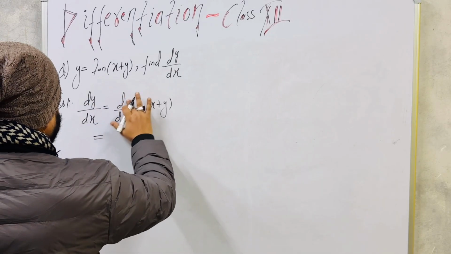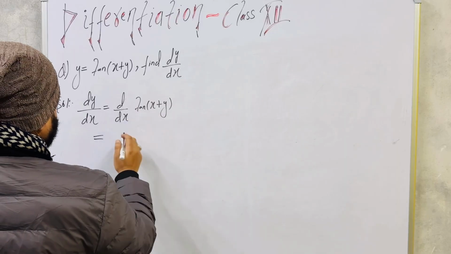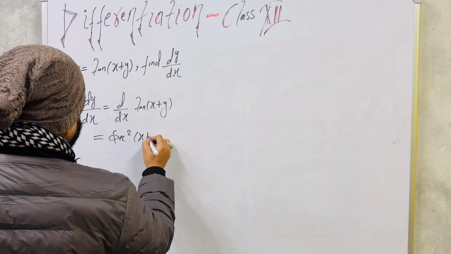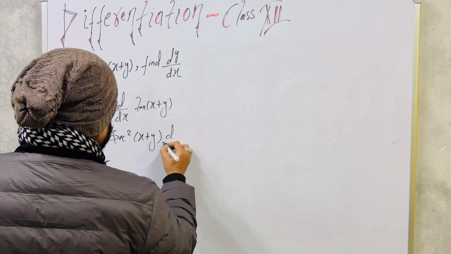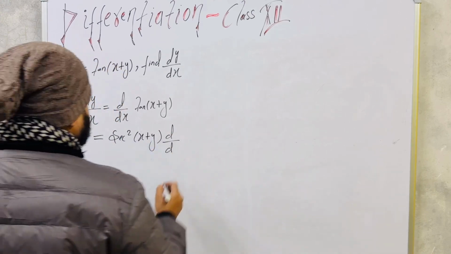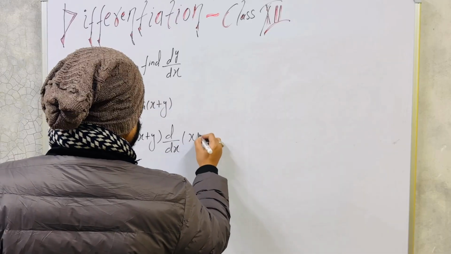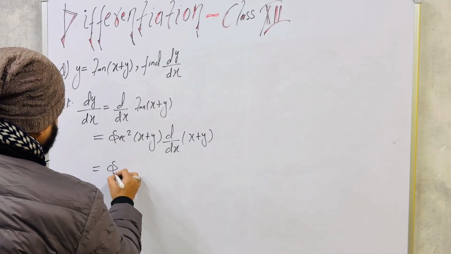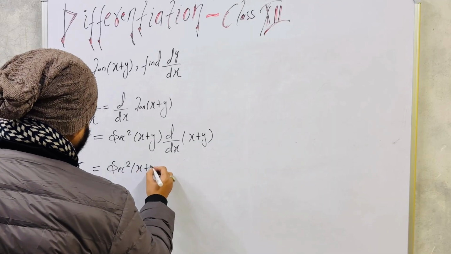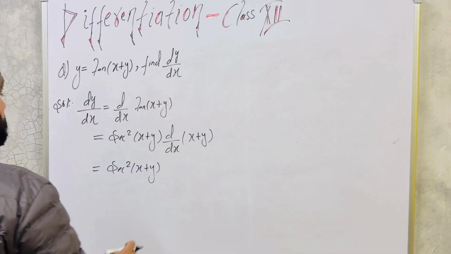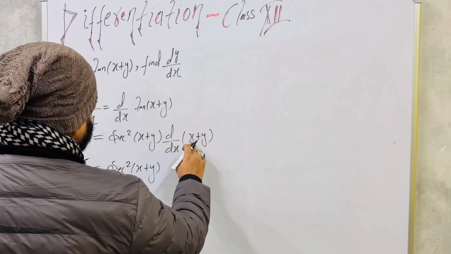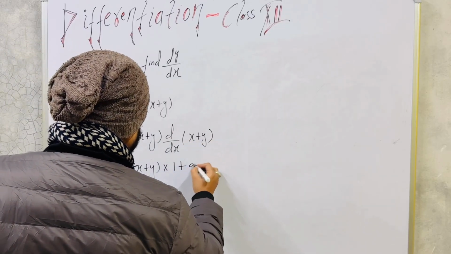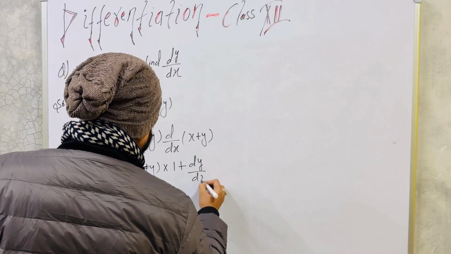Now this is the d by dx of tan x plus y, the differentiation of tan x plus y, that is sec square x plus y d by dx of x plus y. Okay, the next step is sec square x plus y, the differentiation of x is 1 plus the differentiation of y is dy by dx.